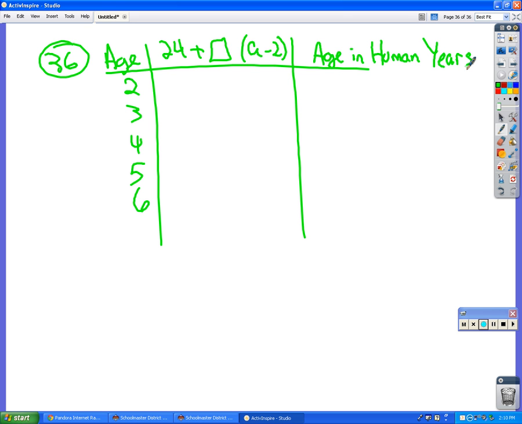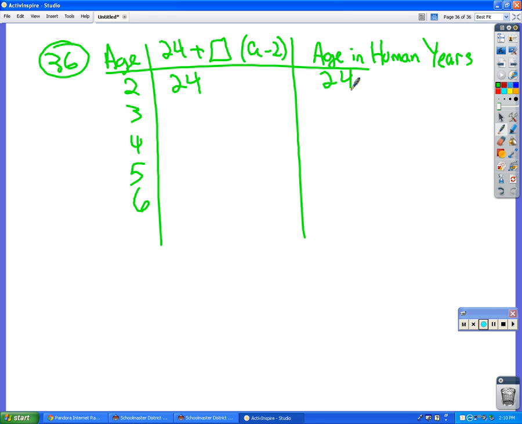So when your cat or dog is 2 years old, you've had it for 2 years, it's been alive for 2 years, that is the equivalent to how many human years, according to what it says in here? What did it say in the problem? Emily? 24. So the first 2 years count for some reason as 24.